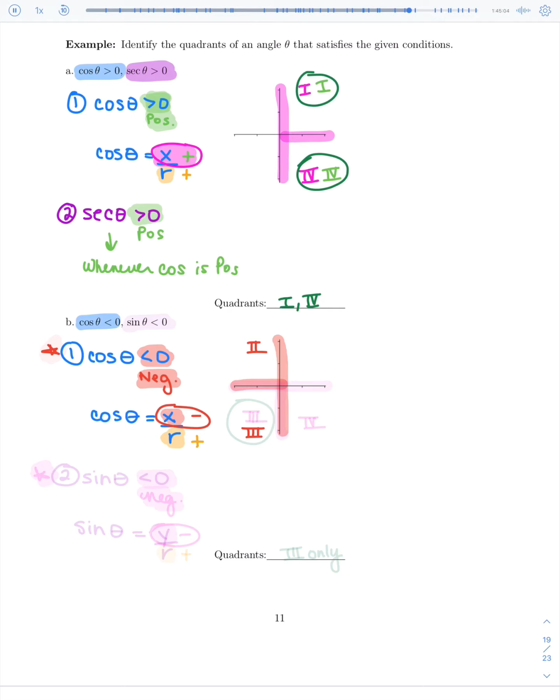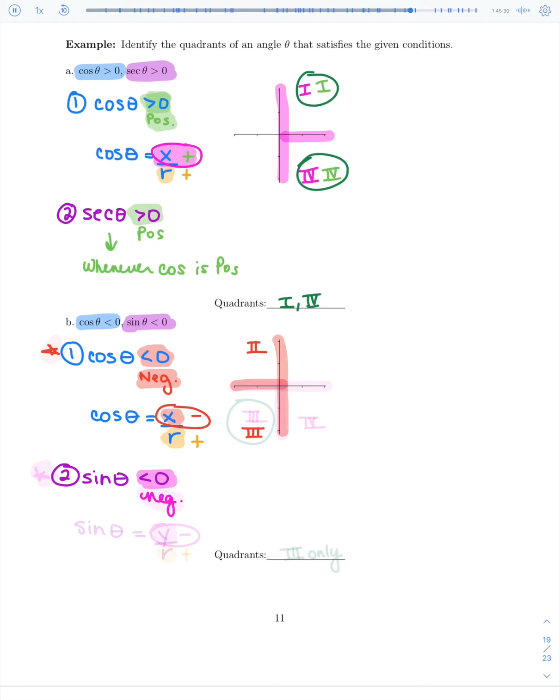One more thing they want to make sure of: they also want to make sure that sine is less than 0. So let's work on that one now. They say they want sine less than 0, which means they also want sine to be negative.